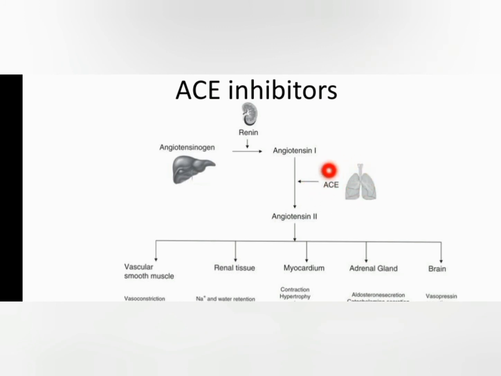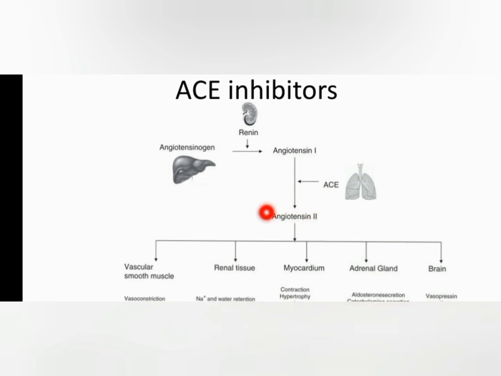angiotensin converting enzyme. And this angiotensin 2 constricts blood vessels, so it increases preload, or simply it increases the work output of the heart. In chronic heart failure, we have to reduce the work output of the heart. To reduce it, we have to reduce the formation of angiotensin 2. So we inhibit angiotensin converting enzyme, so angiotensin 1 will not be converted into angiotensin 2.